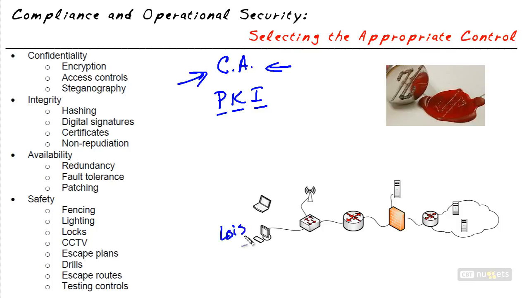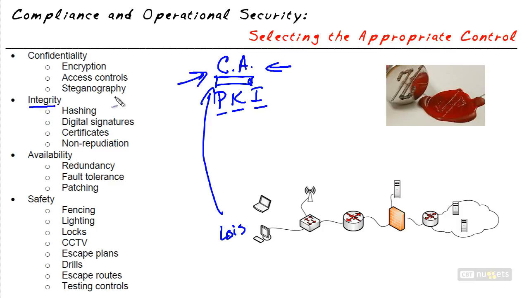And entities like Lois, if she wants to validate Kyle's digital signature, she can first validate that she's getting a certificate that she trusts, if she also trusts that common certificate authority. And if she does, she can trust Kyle's certificate, which was issued by that certificate authority, and then she can extract Kyle's public key from that certificate and use that as part of the verification process.